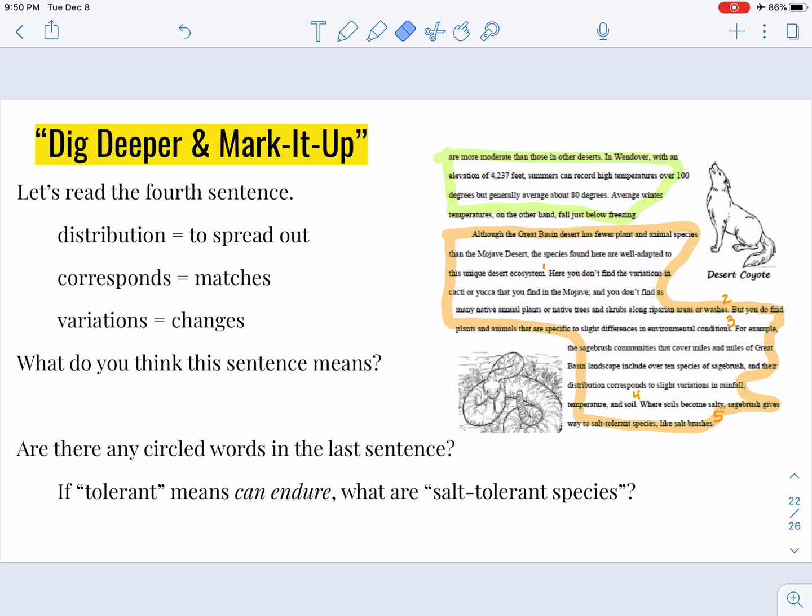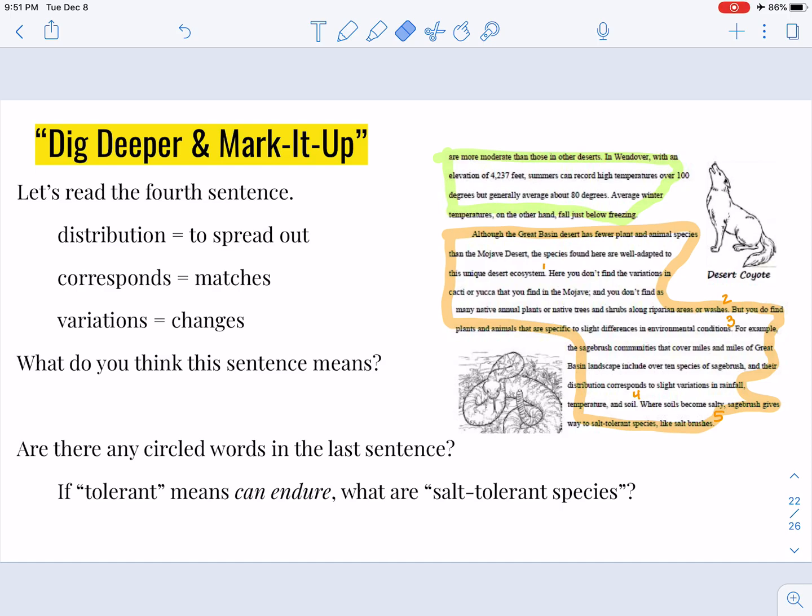So if I replace these words, so if I say, for example, the sagebrush communities that cover miles and miles of Great Basin landscape include over 10 species of sagebrush, and the way they spread out matches to slight changes in rainfall, temperature, and soil. Did it still make sense the way that I read it the second time? Yeah, that made sense. It made sure that I could understand it a little easier in case someone didn't understand the words that I was using before.